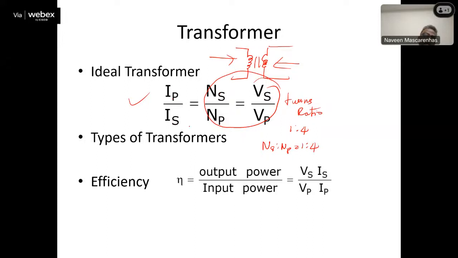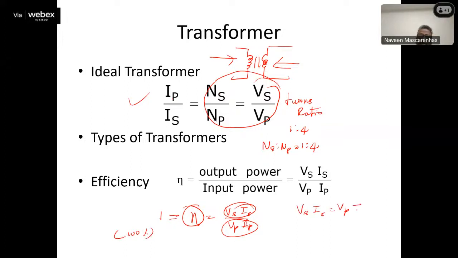But it is equal to Ip by Is, because efficiency eta is output power by input power. It is Vs Is by Vp Ip. This is efficiency, the ratio of output power to input power, and the efficiency will be 1 or 100% only when Vs Is is equal to Vp Ip, no?